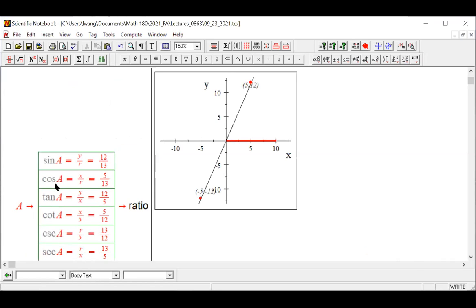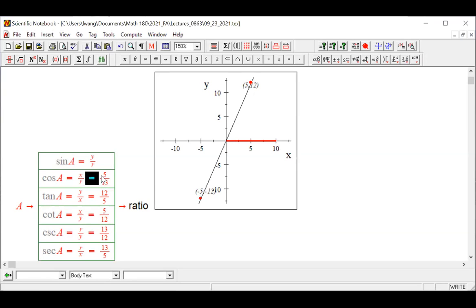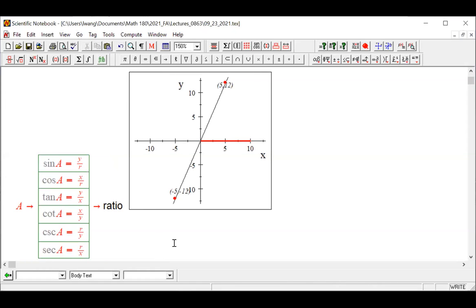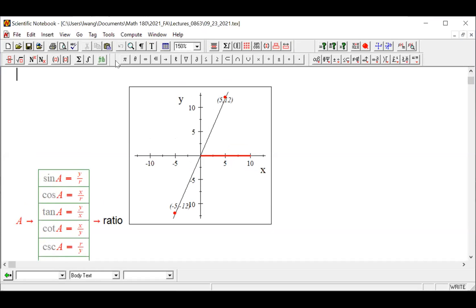Okay, but this time, everything has to be redone. Everything has to be redone. Okay, and in this case, x equals -5, y equals -12, and r equals what? What does r equal to?